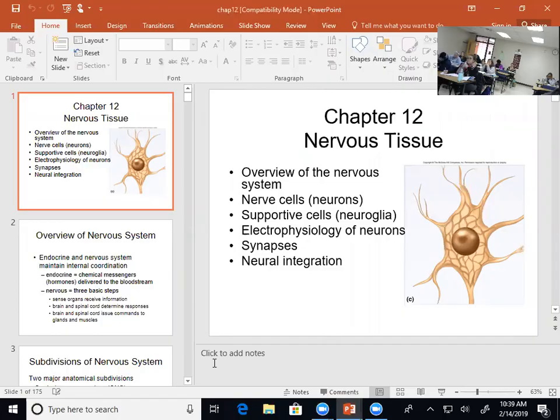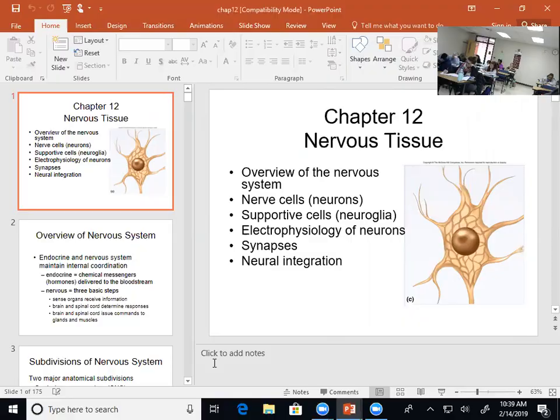So the nervous system, we already know a little bit about it, don't we? We certainly know that it is the organ system that controls all of homeostasis in the body, and it does that because it's a special kind of tissue. The nervous system is composed of special kinds of cells that make up tissues that are able to detect signals in the environment, internal and external, and then communicate with other cells.